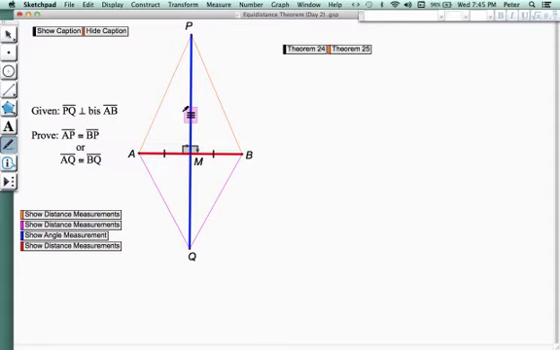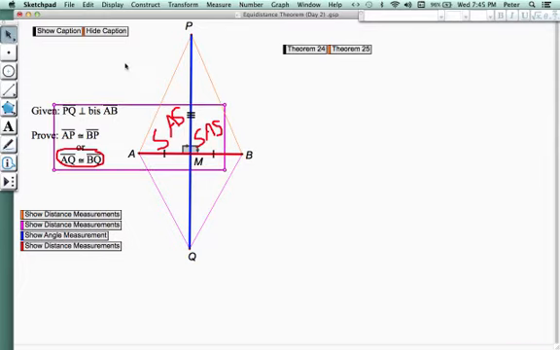So, by side angle side, I can conclude that triangle AMP is congruent to triangle BMP. And so, by CPCTC, AP is congruent to BP. Now, if we wanted to prove the other conclusion, that AQ was congruent to BQ, we would do that by a very similar proof, only we would be working with the two triangles down at the bottom.